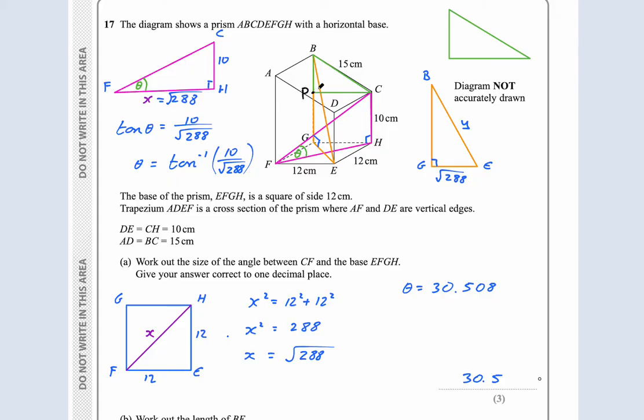So here's a new point. So this is P, this is B, and this is C. This is 15 because we know it's 15. And this length here is 12 because it's the same as this length here. It's the same as the square base.